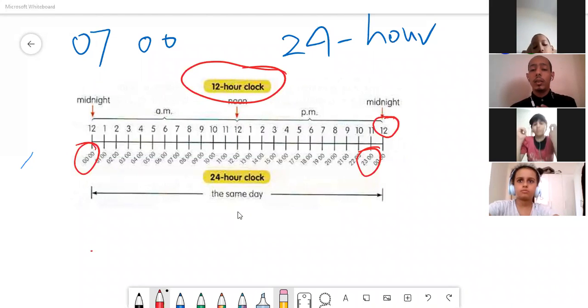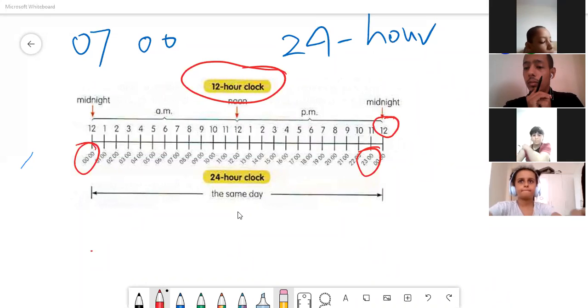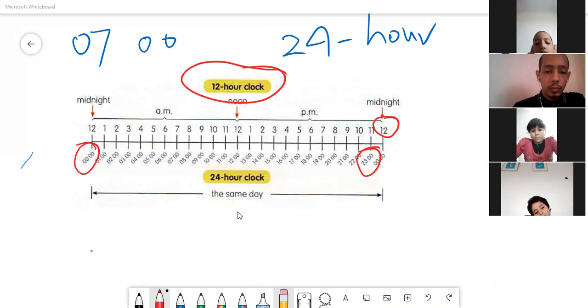Okay, what is the homework? Not yet. We haven't finished, Ahmed. Let's continue. Teacher, I can't hear you. Ahmed, just fix your mic.